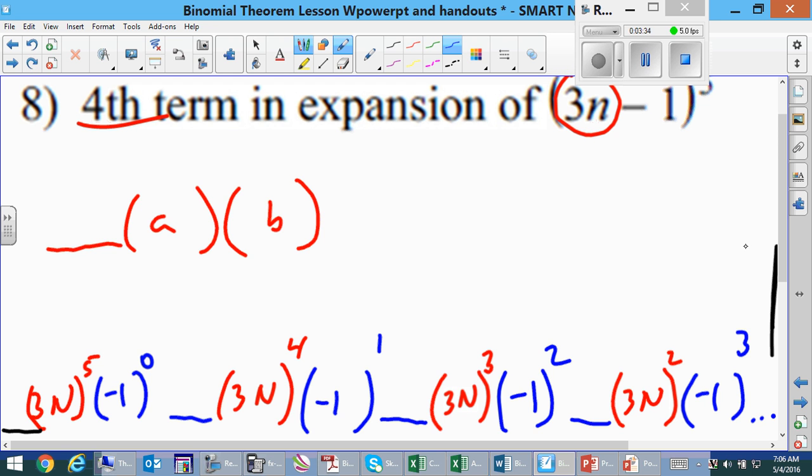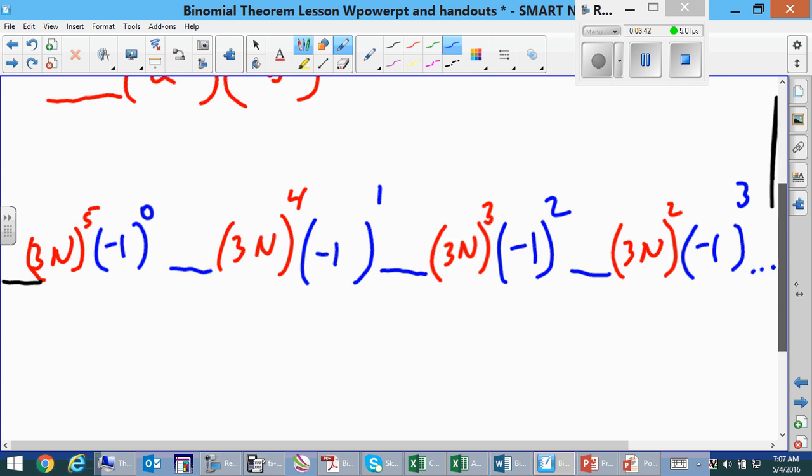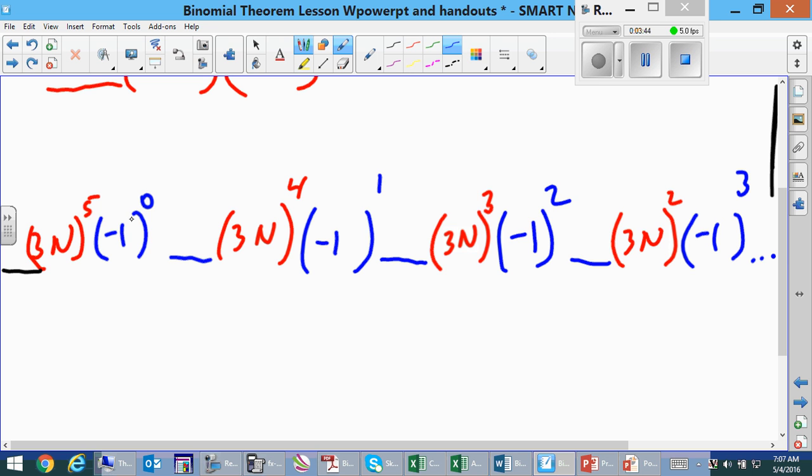We simply need the 4th term of this expansion. So now that we know how those terms are going, anything to the 0 power makes 1. So this thing multiplies out and removes itself. It reminds us that the second term, when you raise -1 to the 1st power, is going to be a negative in front of things.